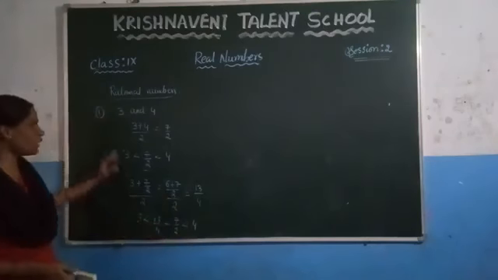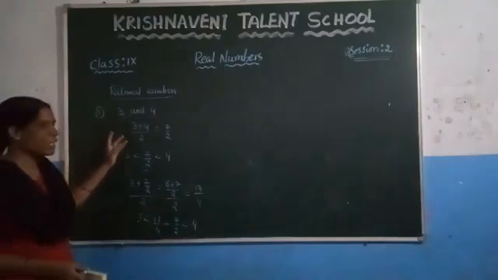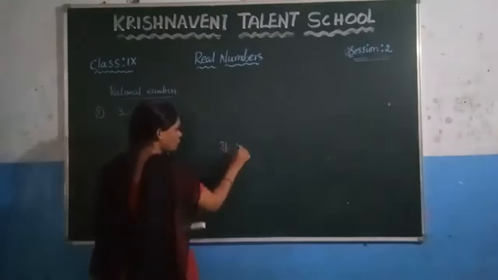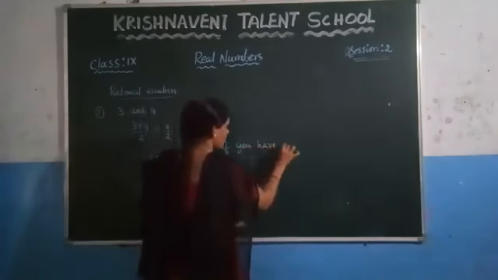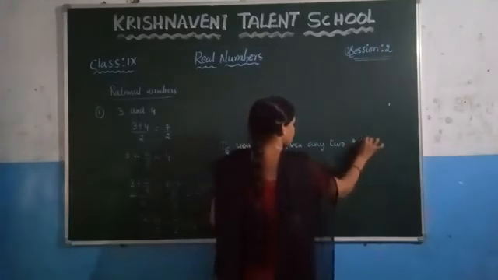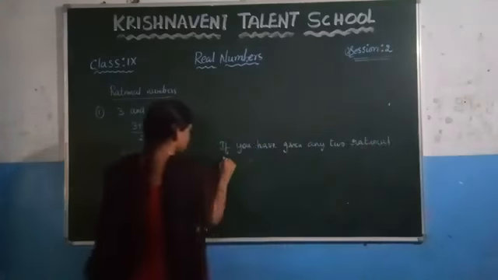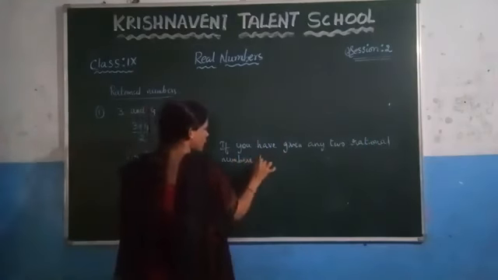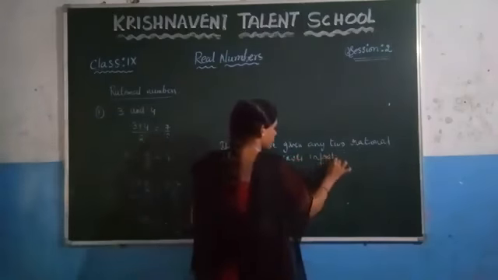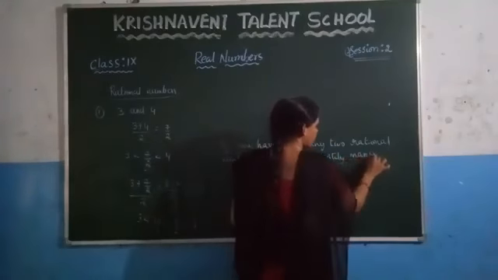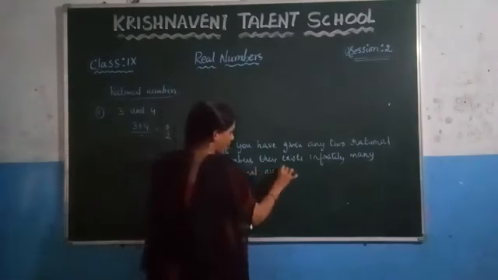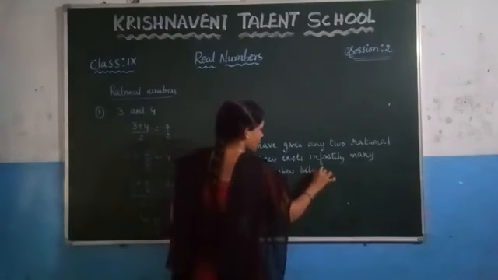From this we can conclude that if you are given any two rational numbers, there exist infinitely many rational numbers between them.